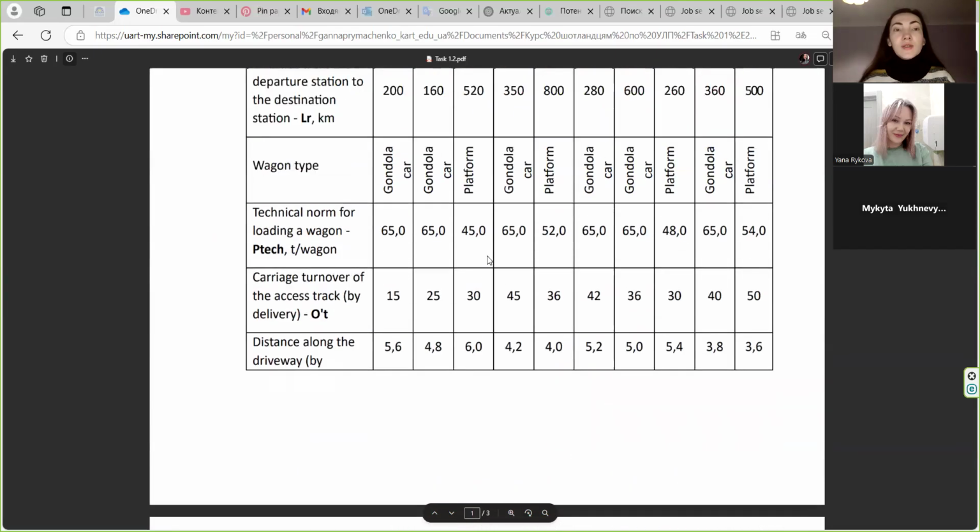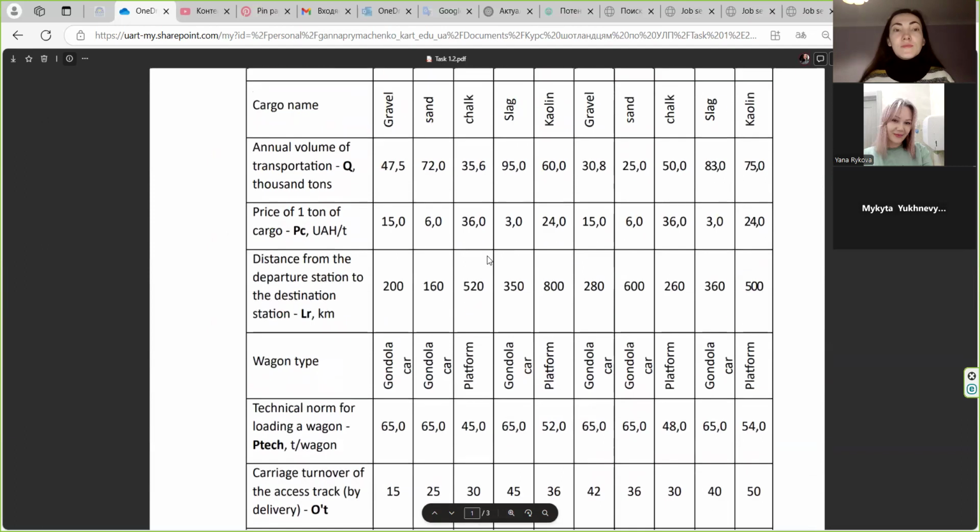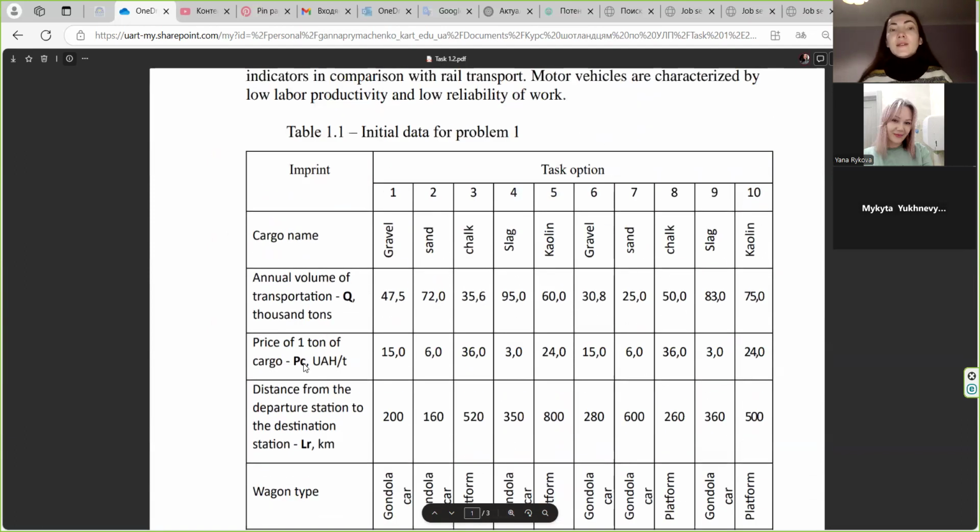Okay, we find it. It is the next line, the fourth line of our table, price of 1 ton of cargo. For the first variant, it is 15 hryvnias per ton. For the second variant, 6 hryvnias per ton and other parameters. Please find your information by your variant.